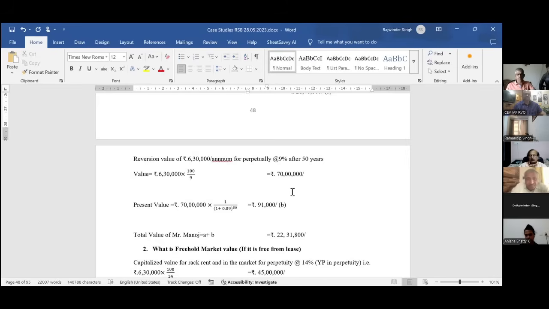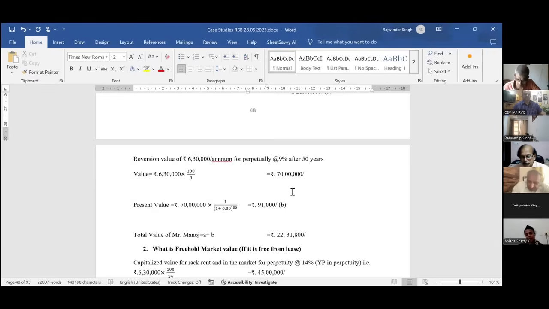If it is free from lease, then what will be the value?